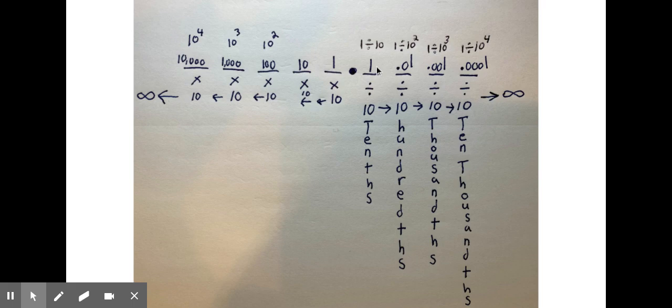When we go to the right of the decimal, things get 10 times smaller with every single place value. So this place value is the tenths. Look at the spelling down here, tenths. 1 divided by 10 gives you 1/10.